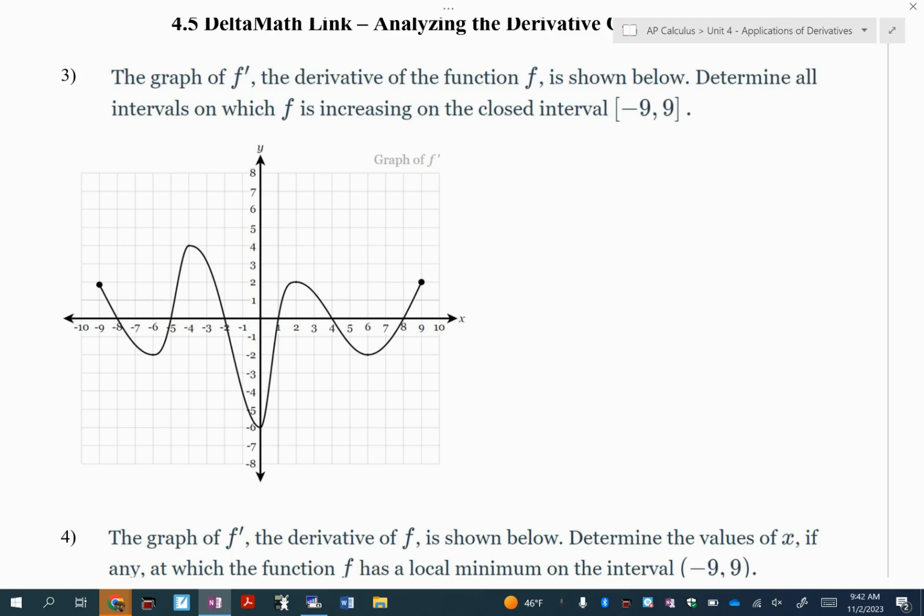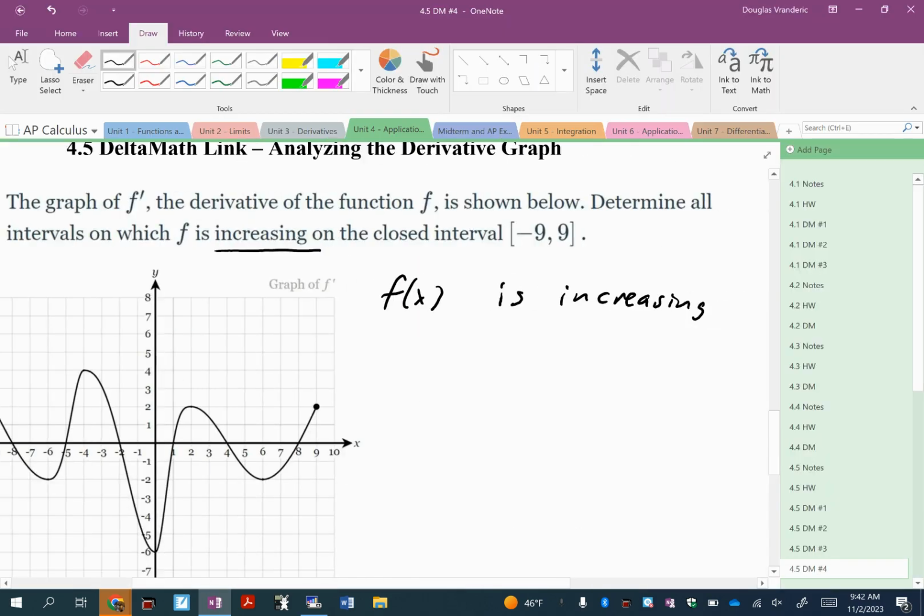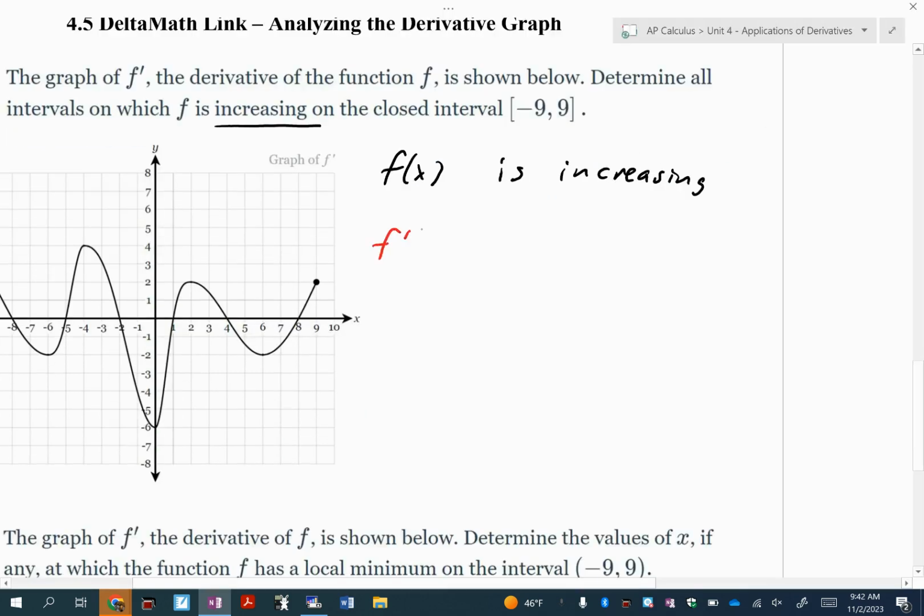Okay. It says determine all the intervals on f where it's increasing. So if f of x is increasing, what does that tell us about our derivative? f prime of x is, I thought I heard someone say, positive.